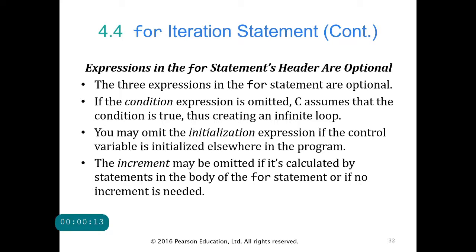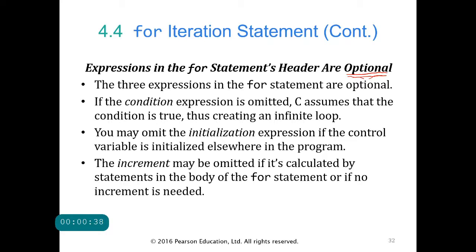Right. Another thing that you should note is that the expressions in the for statement are optional. All three expressions, which means the initialization, the condition, and the increment statements, are optional, so you do not have to write them.